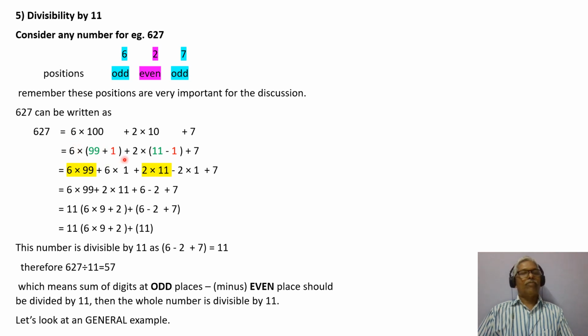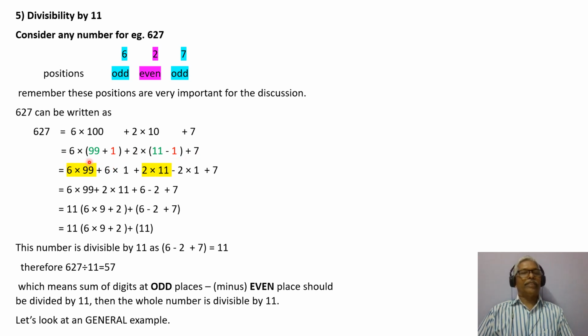But here, now, second digit, even place digit, 10 is written as 11 minus 1. So we are not changing any value. We are just doing some adjustment or rearrangement.